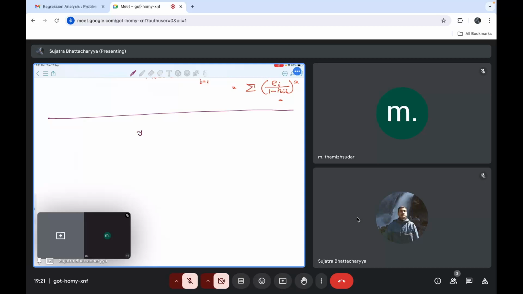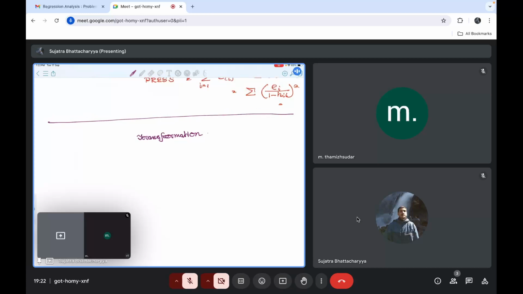So, transformations. Now, suppose you have some leverage point, or the error is large or the residuals are large, then what transformations can you make? So, transformations and weighting to correct model inadequacies.